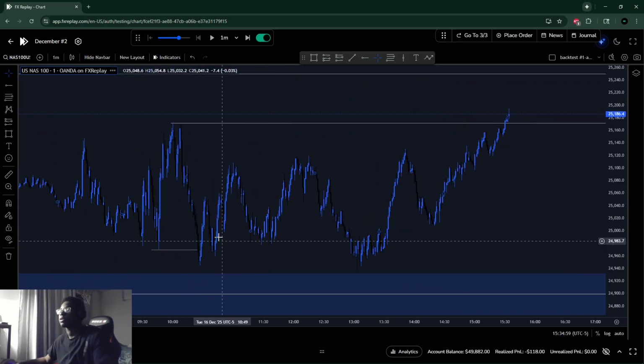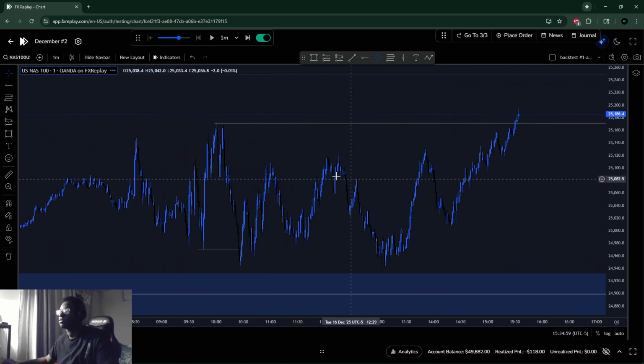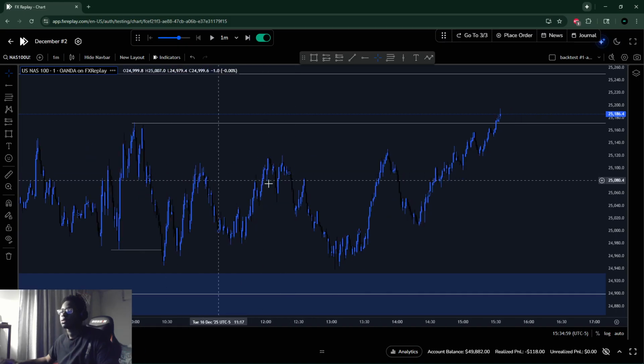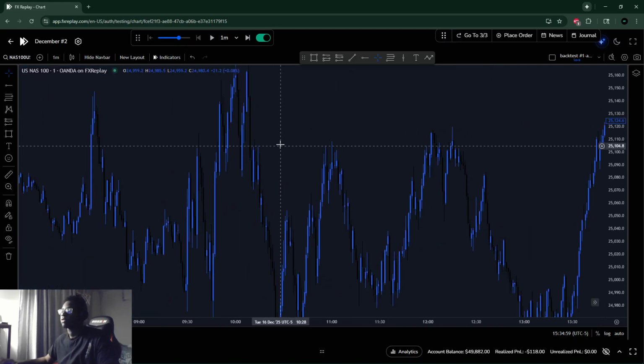If you were to find trades during this consolidation, you can just wait until some type of manipulation happened.